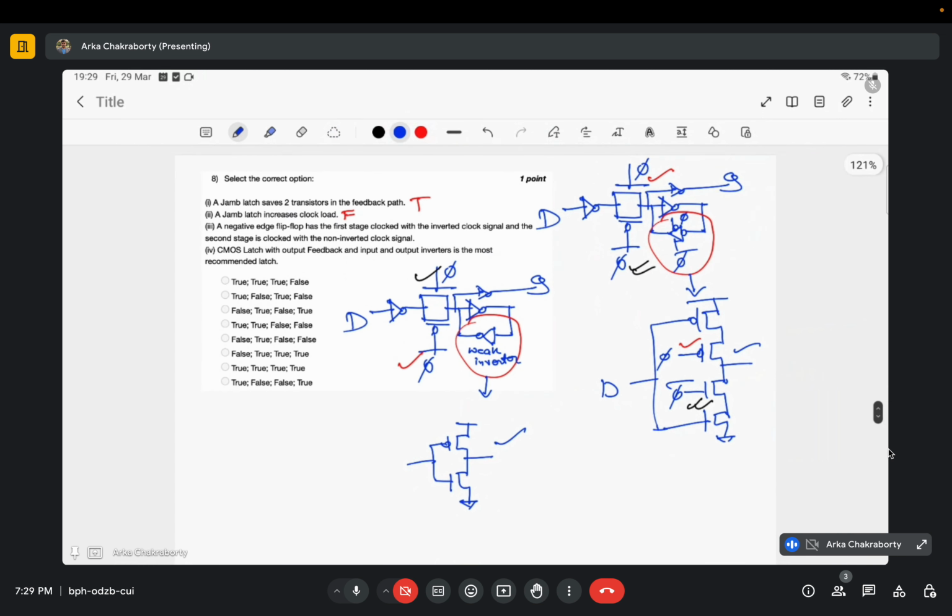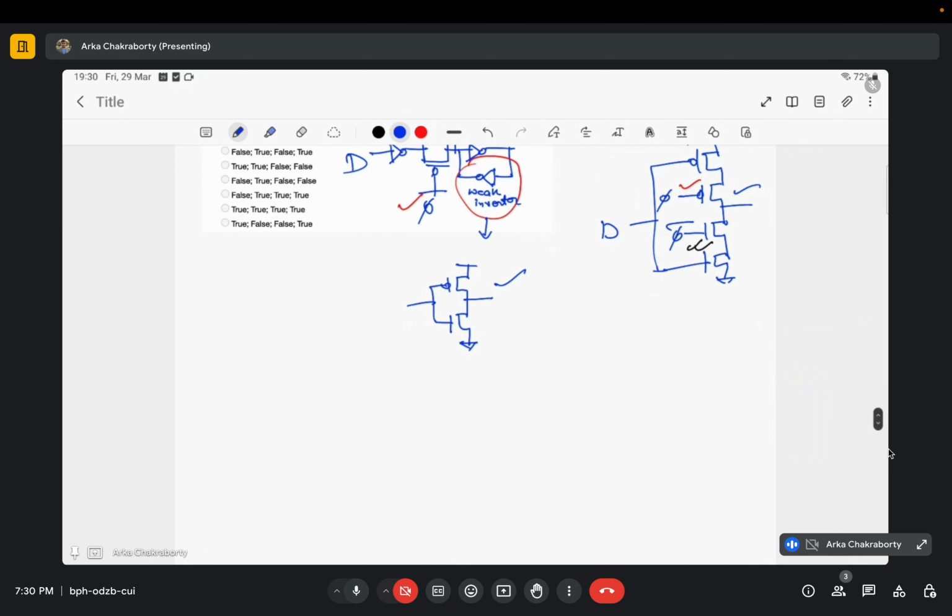The third statement is, a negative edge flip-flop has the first stage clocked with inverted clock signal, and the second stage is clocked with non-inverted clock signal. So let us look into the circuit. Basically, it is two latches, one positive edge, one negative edge connected back to back.